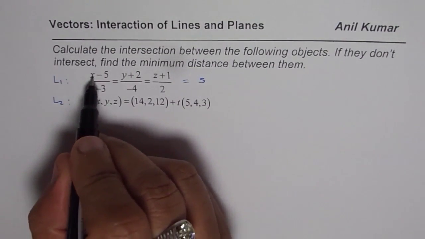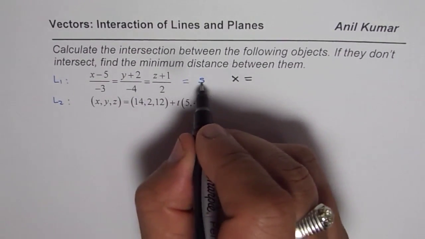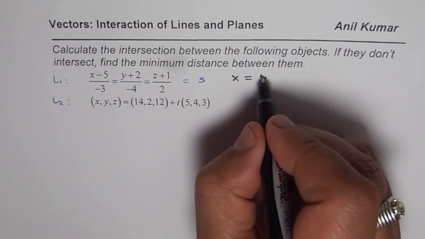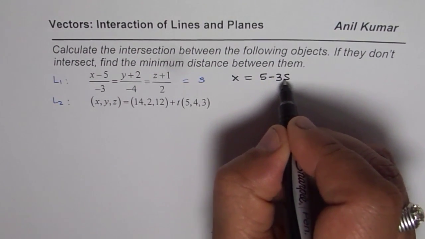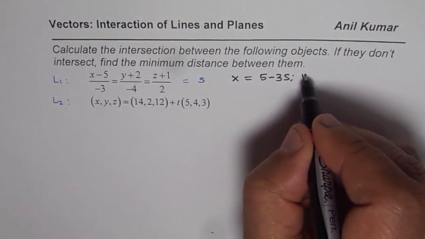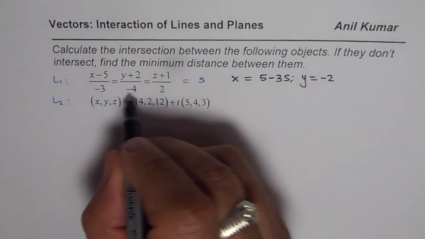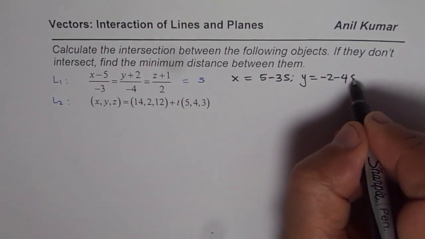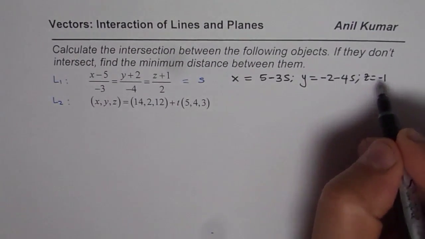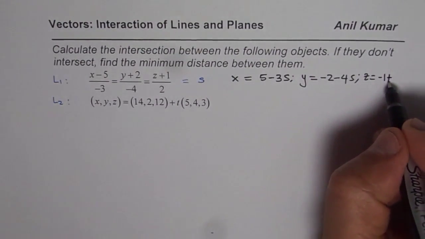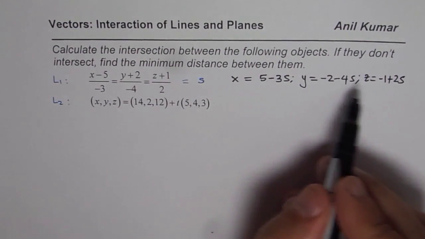So x equals 5 minus 3s, y is equals to minus 2 minus 4s, and z is equals to minus 1 plus 2s. So that is how you can write x, y, and z.